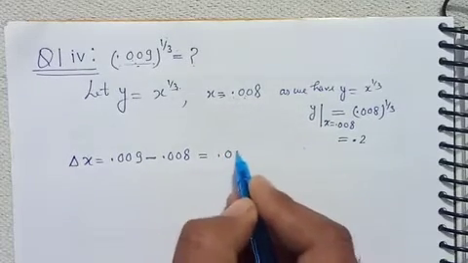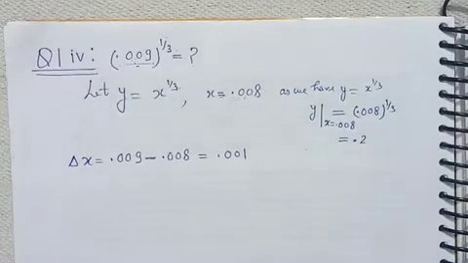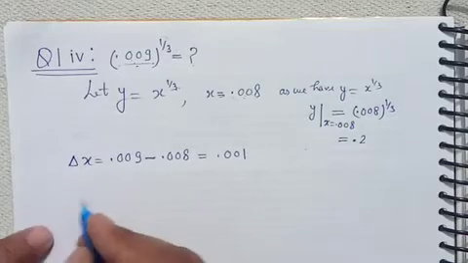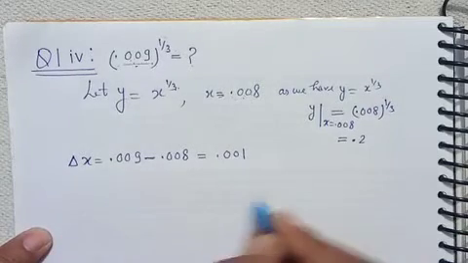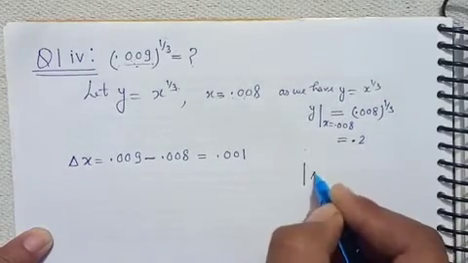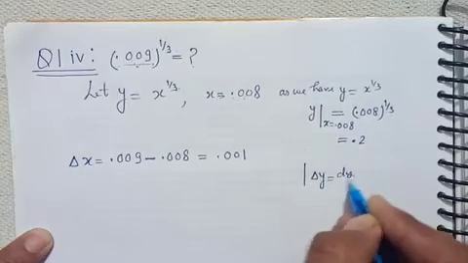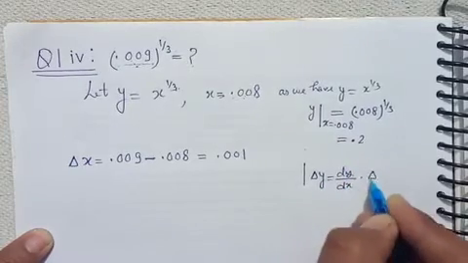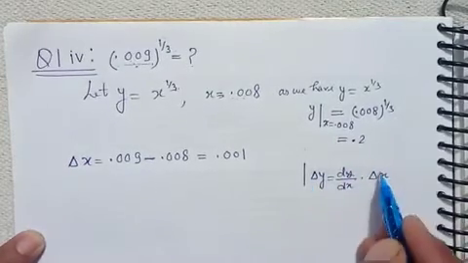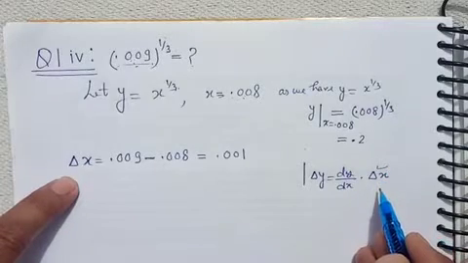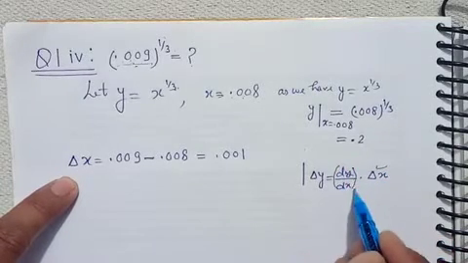So this is 0.001. This is delta x. Now formula is delta y equal dy by dx into delta x. To apply it, we need delta x. Yes, we have delta x, and we need dy by dx also.